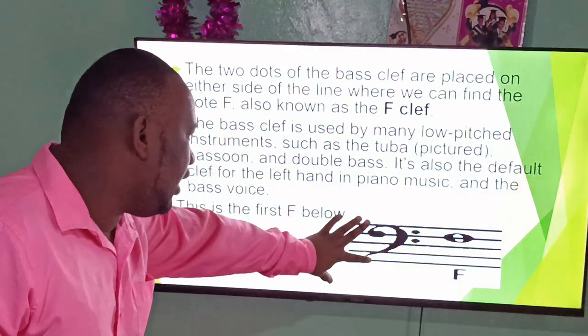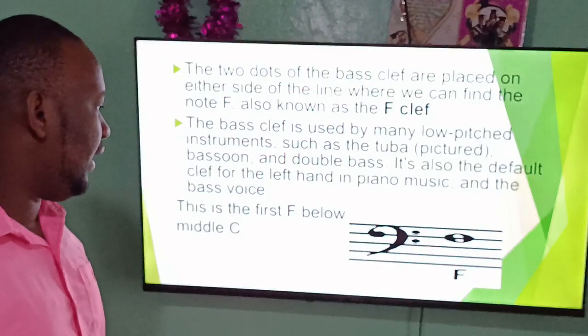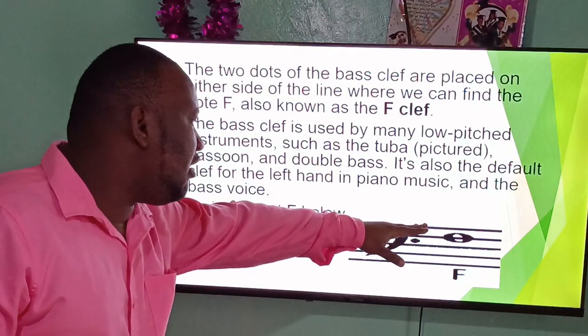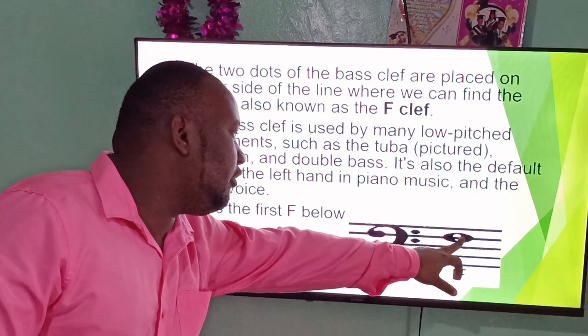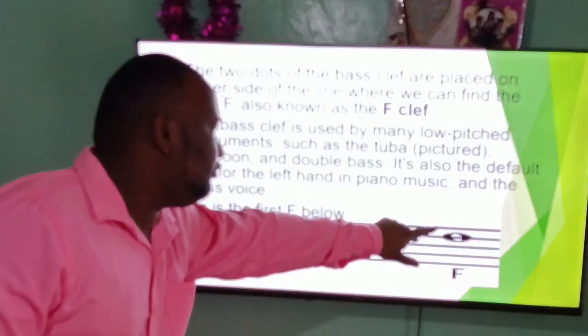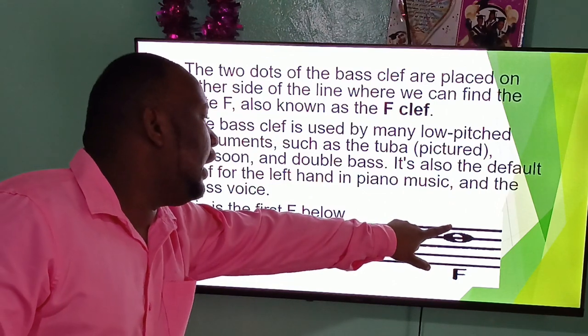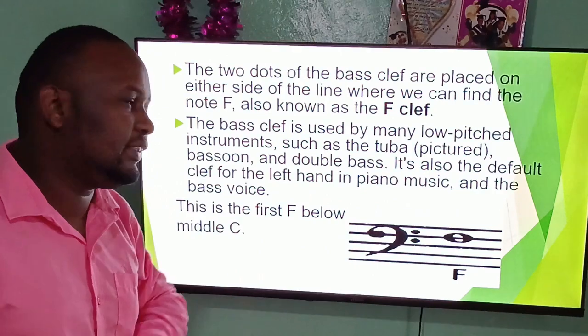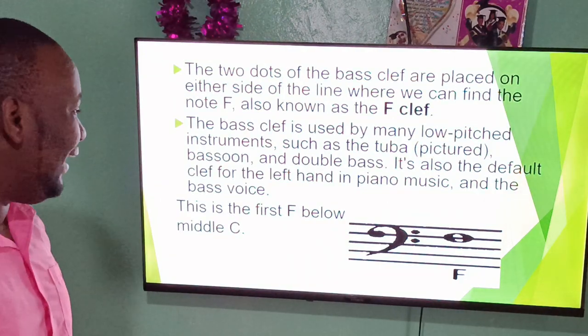So if we have the F clef there, and just above it, for example, if this is our F, we have G here, we have A here, B, and just above B, that's where we have our middle C that is denoted on a ledger line.